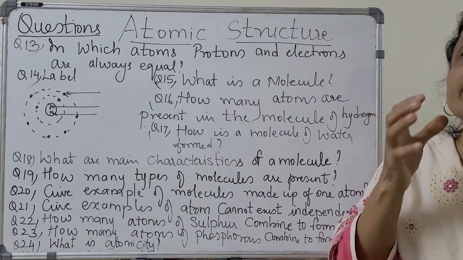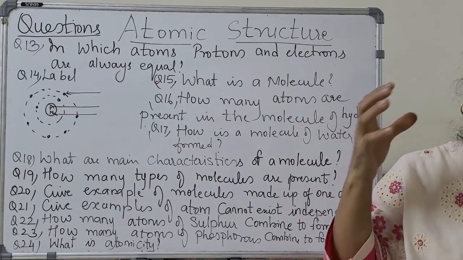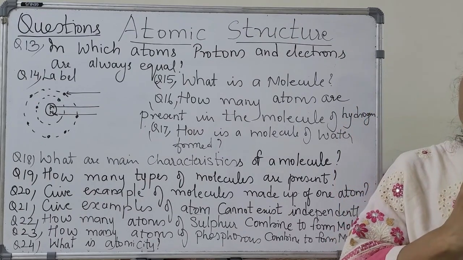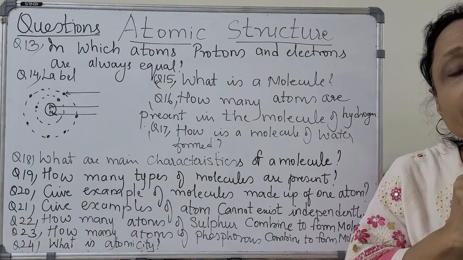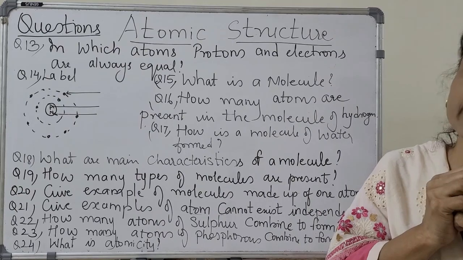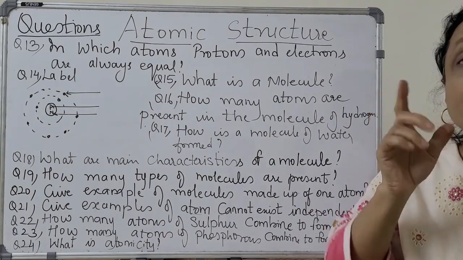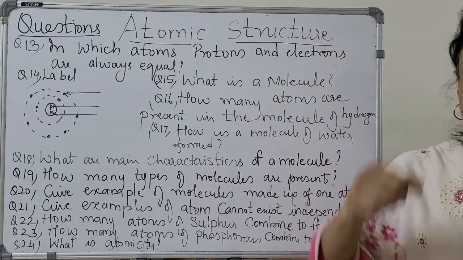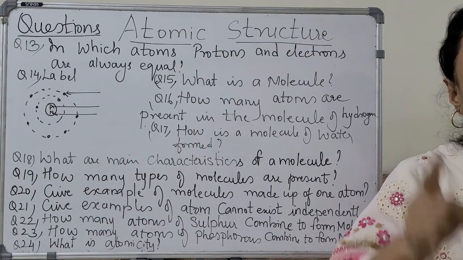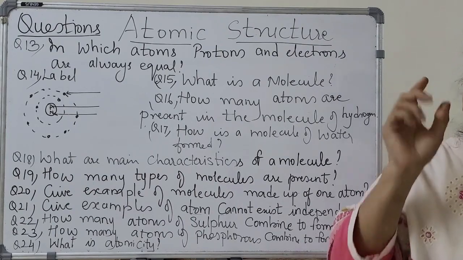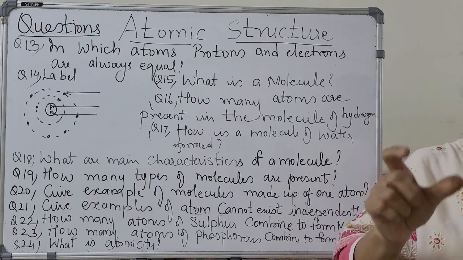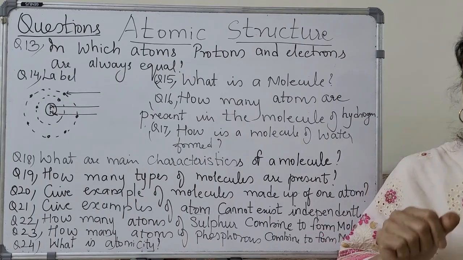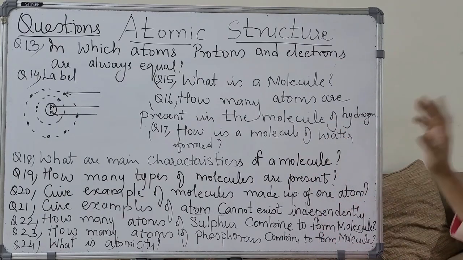The atoms come together, they are chemically attracted, chemically bonded, a charge is developed, therefore they are chemically bonded, and it's the chemical combination of the atoms of the same elements or of different elements. The properties of one molecule are the same as those of many molecules of that substance, and they always combine in a fixed ratio, and that ratio is a whole number, and that molecule has a chemical formula. So these are the characteristics of the molecule.